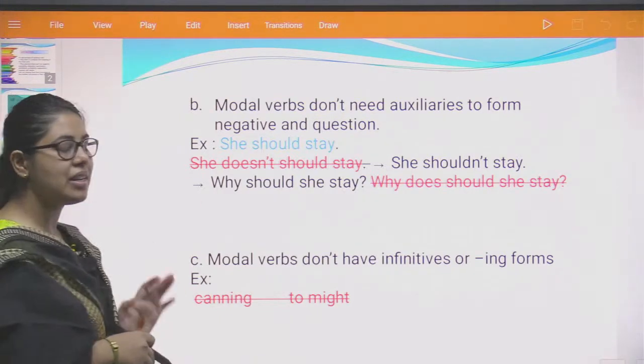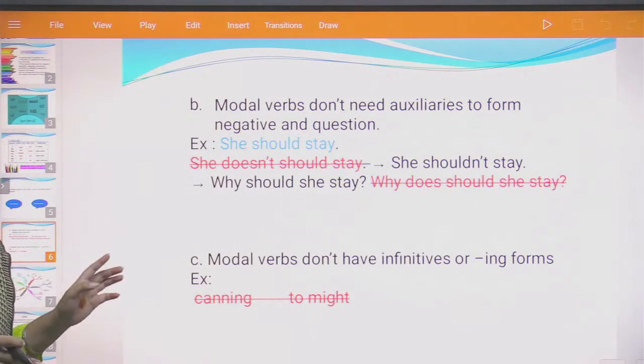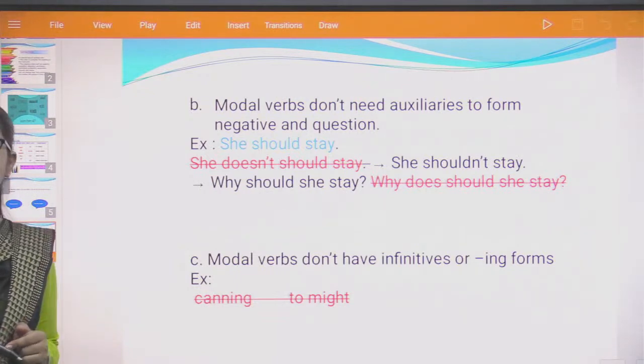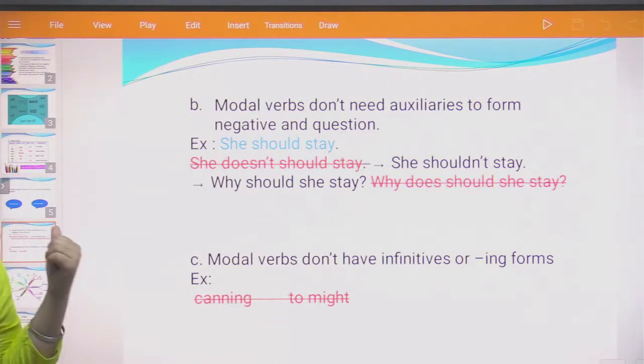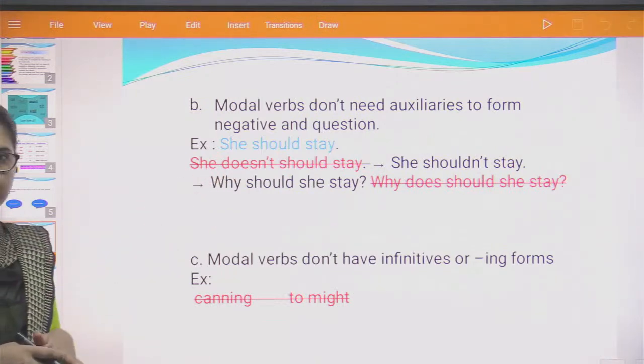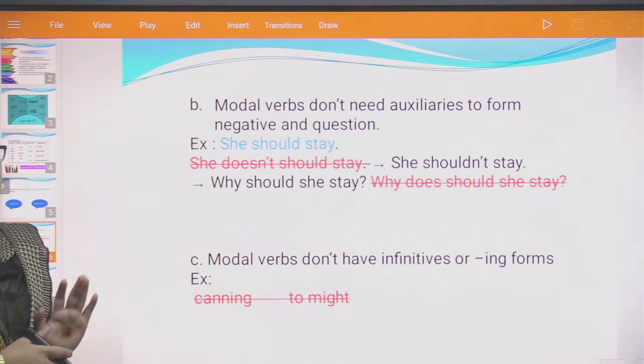If I write she doesn't should stay, it will be incorrect. I need to write she shouldn't stay. The negative of she should stay is she should not stay, and the contraction form is she shouldn't stay.